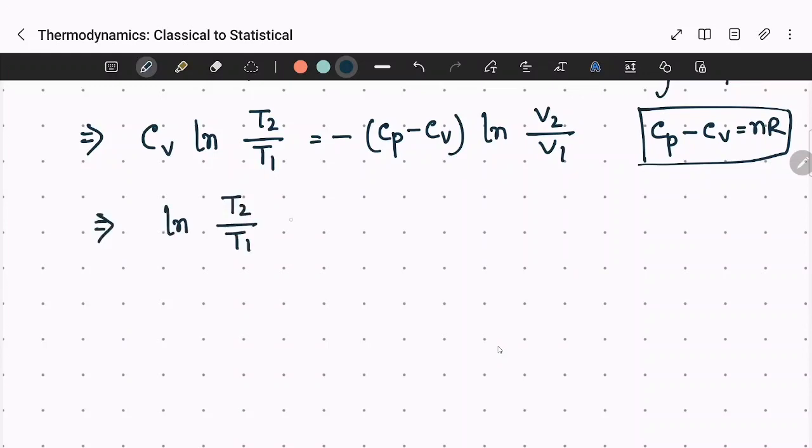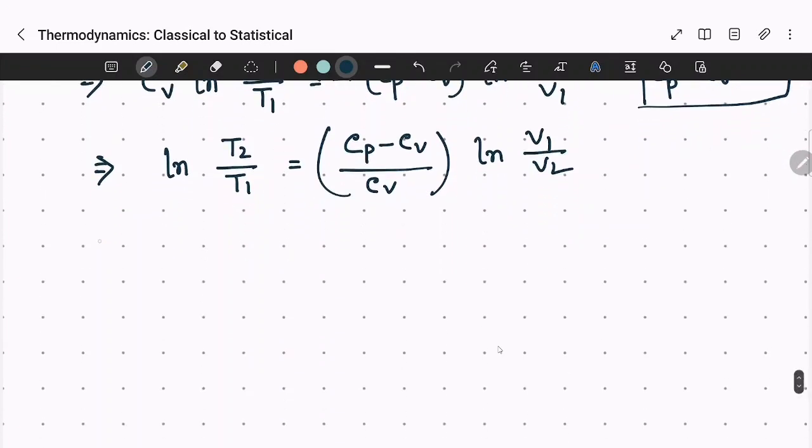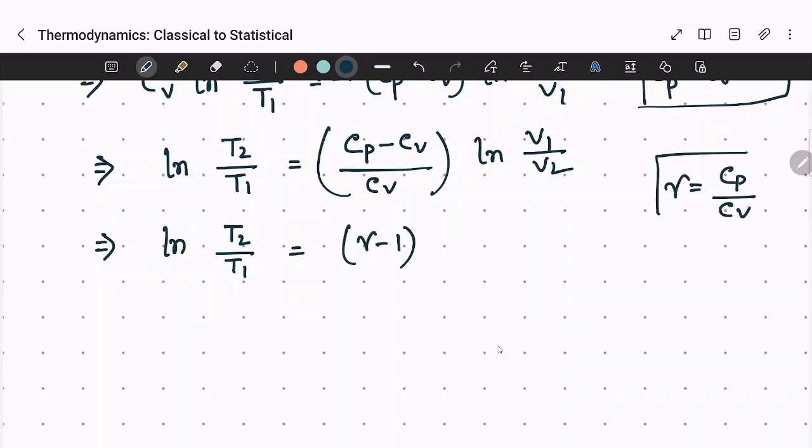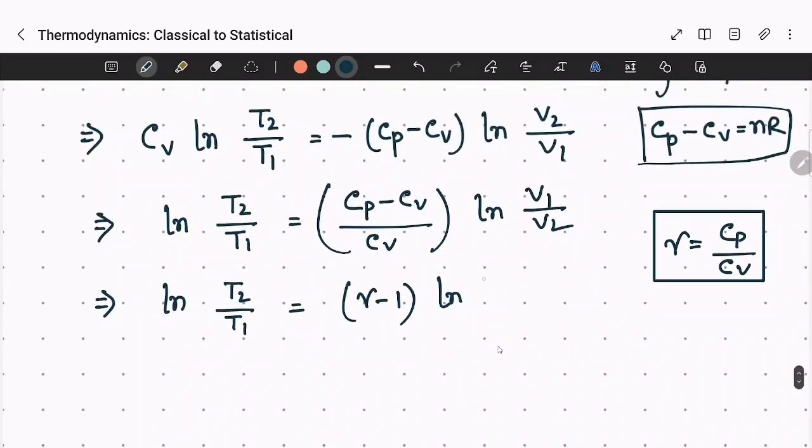So ln T2 by T1 equals (Cp minus Cv) divided by Cv, times ln V1 by V2. This minus sign is absorbed here, so now it is V1 by V2. So ln T2 by T1 equals gamma minus 1, because gamma is defined as Cp by Cv, times ln V1 by V2.